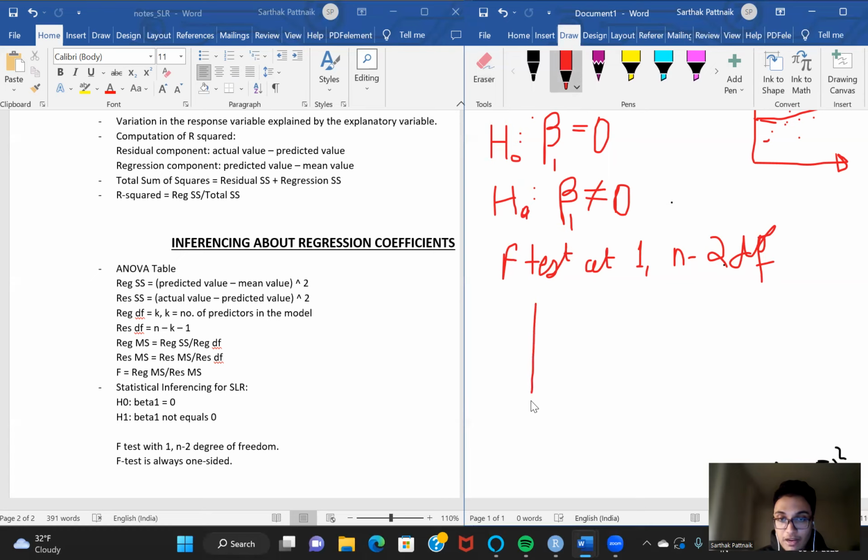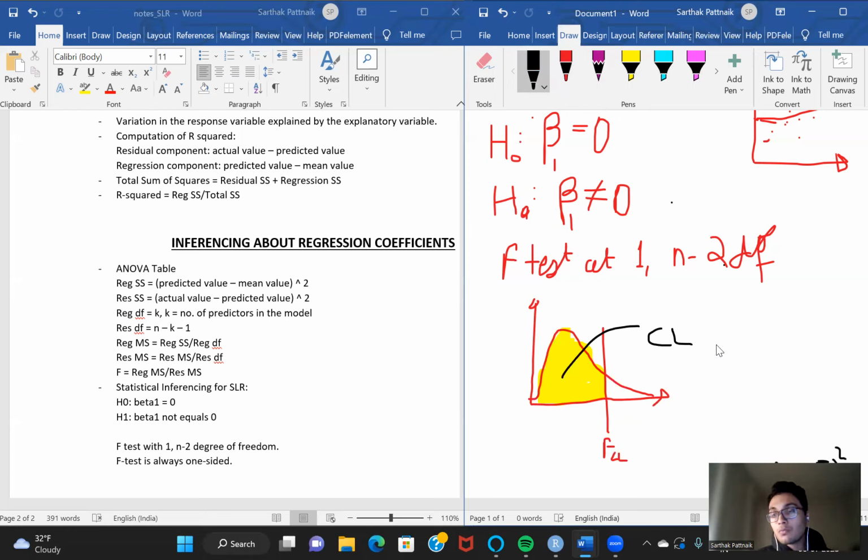So the property of F-test is this right here. This is always one-sided, and this is my F critical. This is my confidence level. Okay.